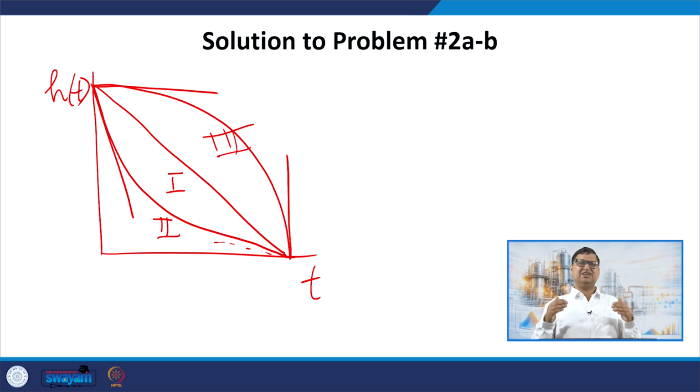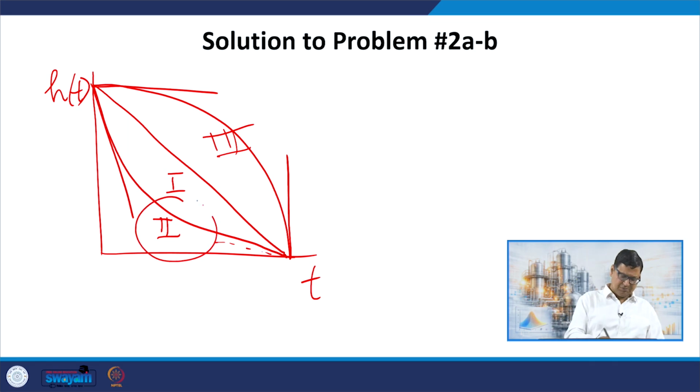In the end, let us say when a very tiny amount of fluid is left, then that tiny amount can actually come out rather slowly, right. Of course, we will derive it later, but that is kind of an intuition we can probably gain even without writing any equation, right. So probably something like 2 appears to be more likely, right, and we will see why it is so. Okay.